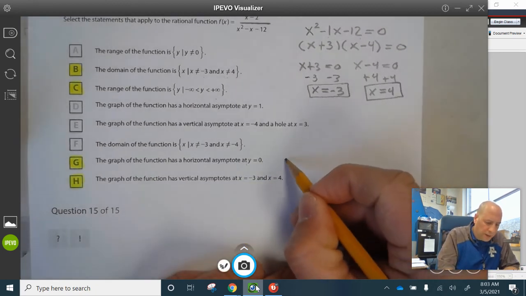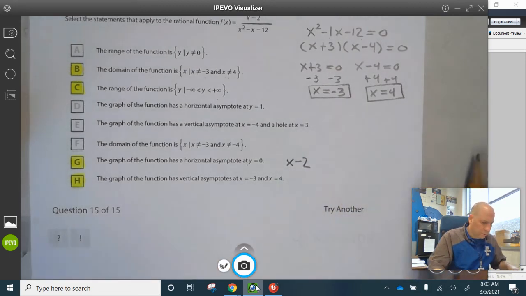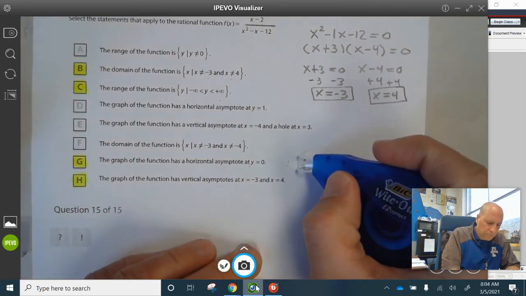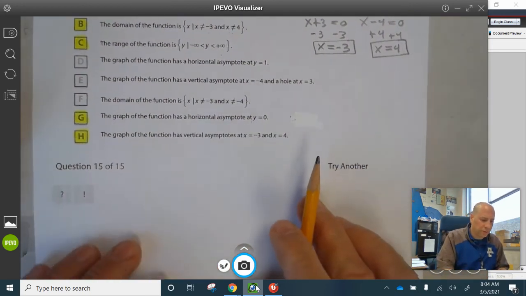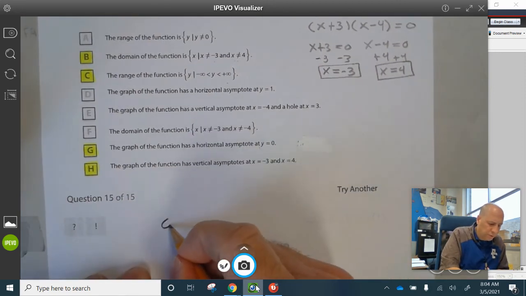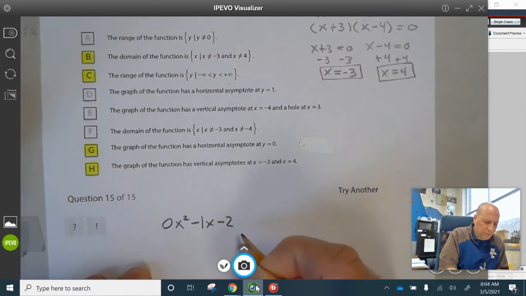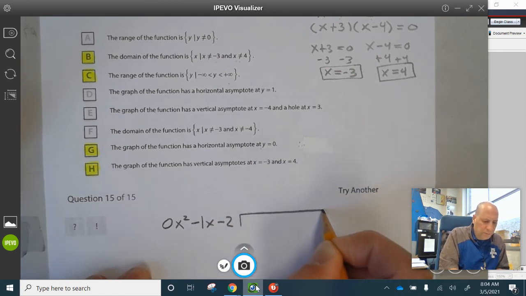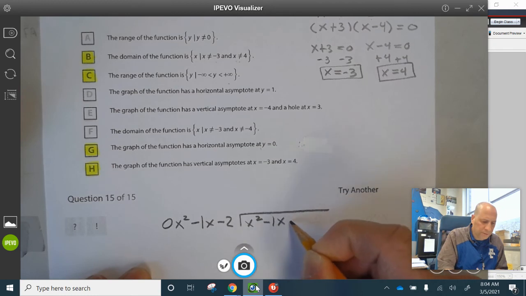So we're going to divide x minus 2. Actually, hold on. I don't have enough space right here, so I'm going to have to come down here. Now, we need to write x minus 2, which is actually 0x squared plus 1x minus 2, divided into x squared minus 1x minus 12.